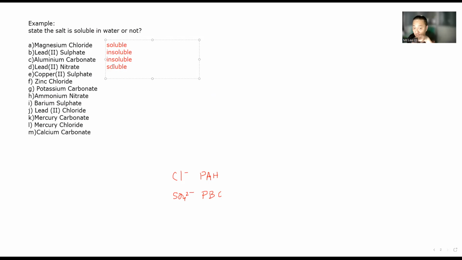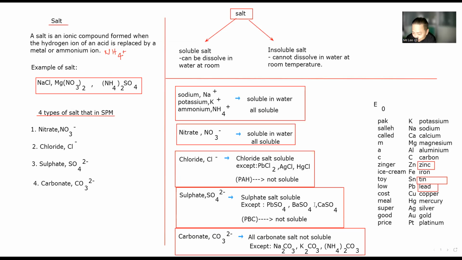Copper sulfate: sulfate is not all soluble, so you need to memorize PbBaCa. Is this C copper or not? This C is not copper, this C is calcium.